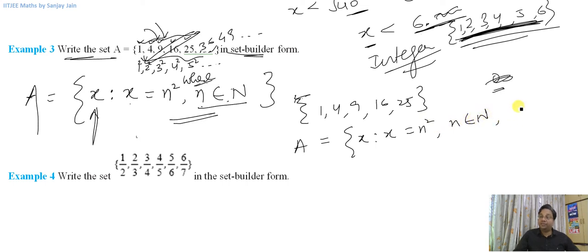Then I'll have to define the restrictions that n is less than or equal to 5 and obviously greater than or equal to 1. So n has only these values: 1, 2, 3, 4 and 5. So the square of it will have the values 1, 4, 9, 16 and 25. This is the difference in these two answers, just because of these dots that were given in the question.